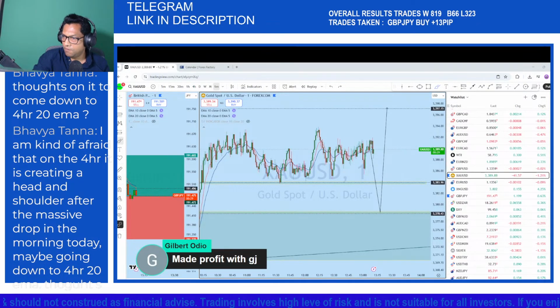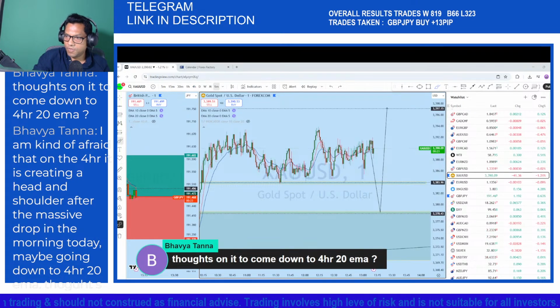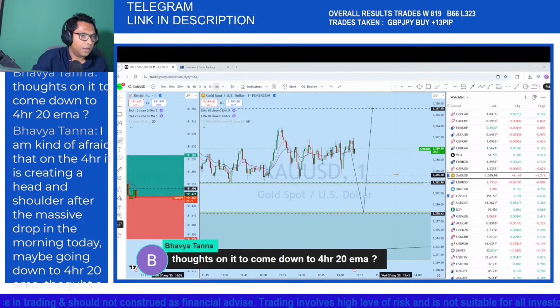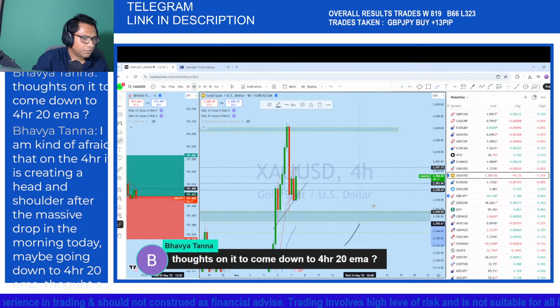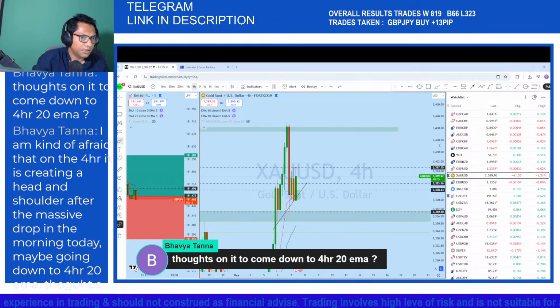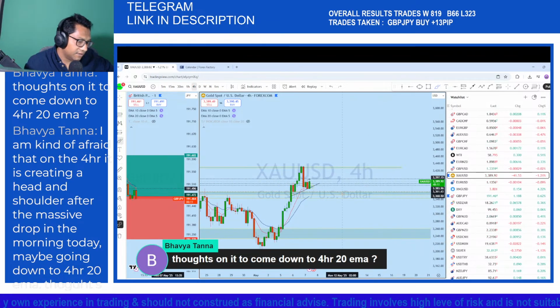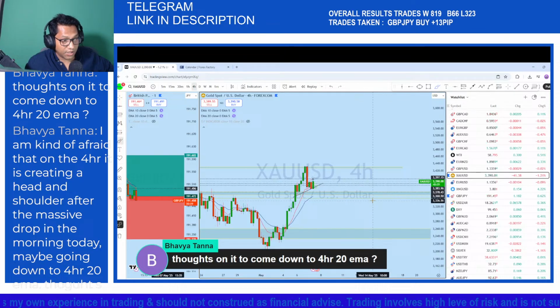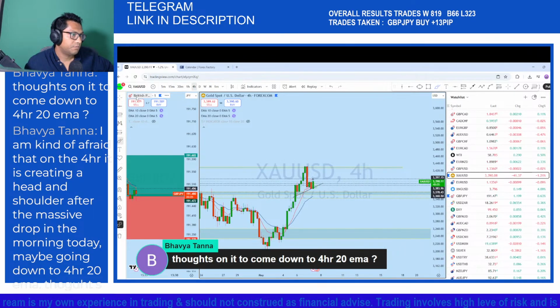Third on, it's come back down to the 4-hour 20 EMA, XAUSD. Look, if we look at the 4-hour 20 EMA, the current candle less likely. The next one with the FOMC, there is a possibility.